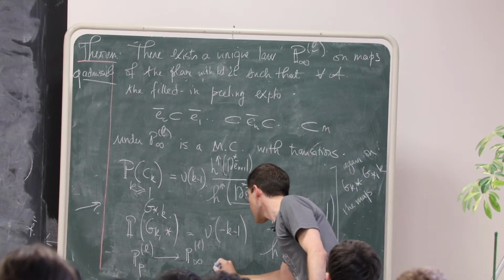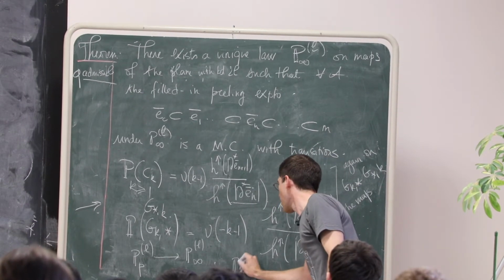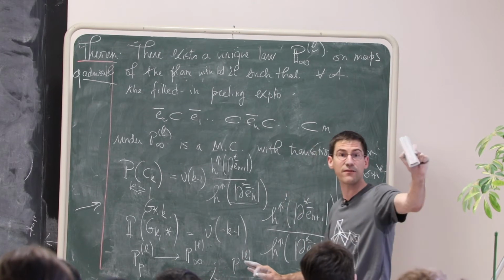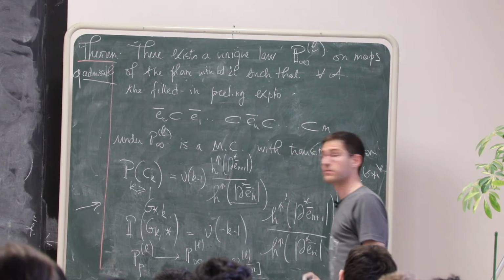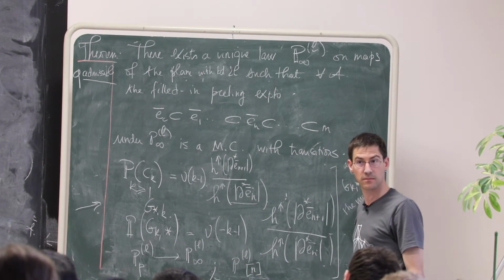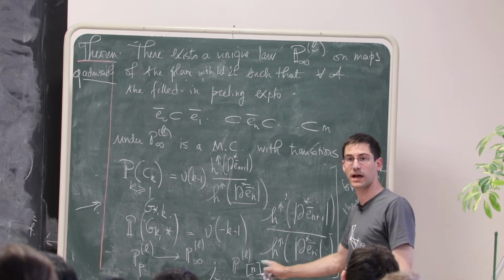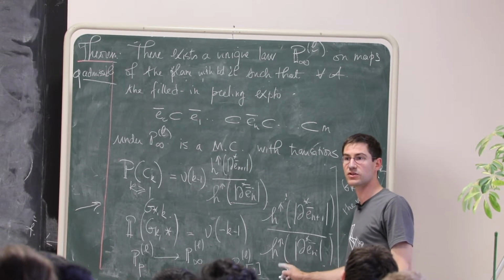But we have another interesting one. If you start with a perimeter L, no target face, and you condition on having n edges, remember the notation, bracket n? Bracket n is conditioning on having n edges.